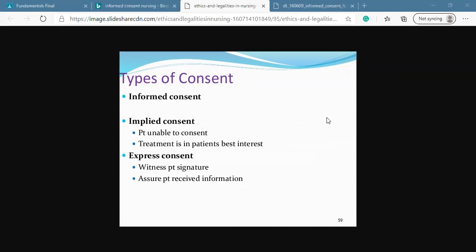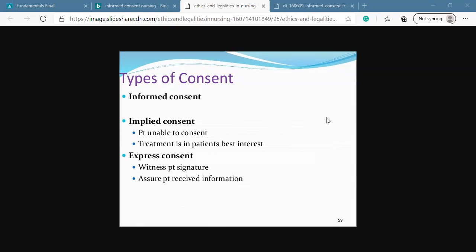At that time their advance directives or healthcare proxy should do this for any invasive procedure, and it is obtained by the healthcare provider.